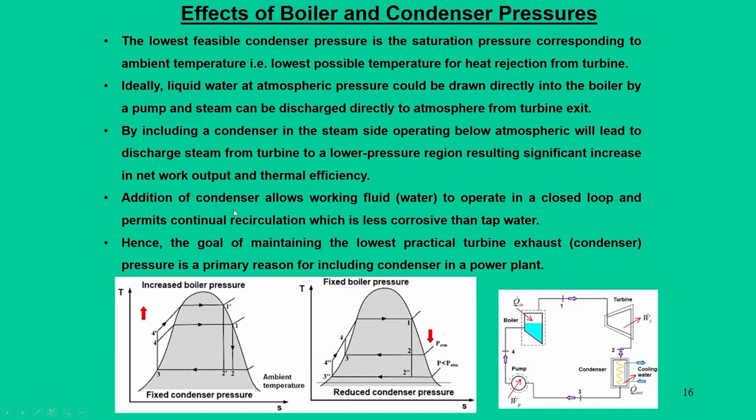Another point is that the condenser allows operation in a closed loop, and it permits the use of water less corrosive than tap water. Because of these reasons, thermodynamics says that higher boiler pressure or lower condenser pressure is the essential motive for the thermodynamic analysis of a steam power system operating in the Rankine cycle.